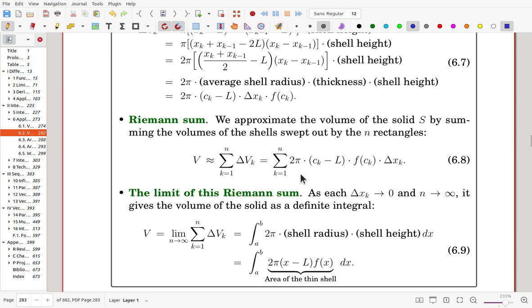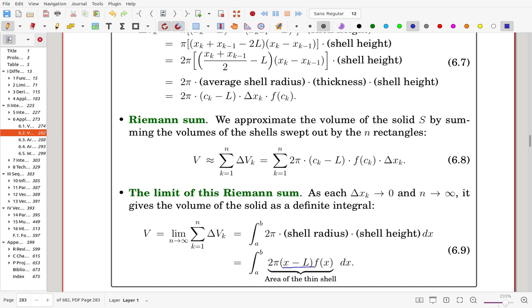Now when you try to get the definite integral, c_k will be changed to x, and delta x will become dx. So we reach this one: integral from a to b of 2 pi (x minus L) f(x) dx. That is playing the role of r. So 2 pi r, and f(x) is the height.